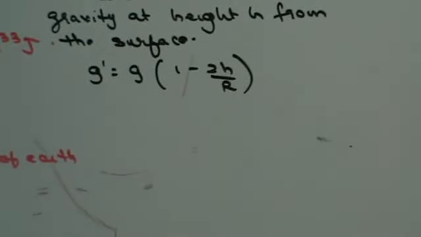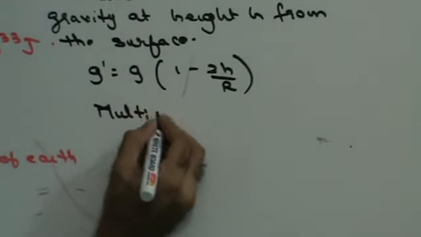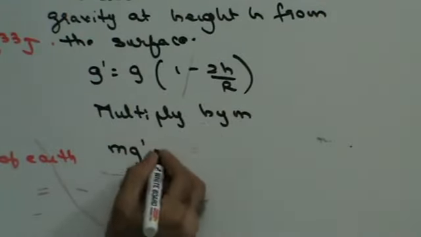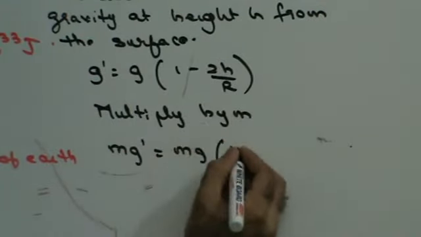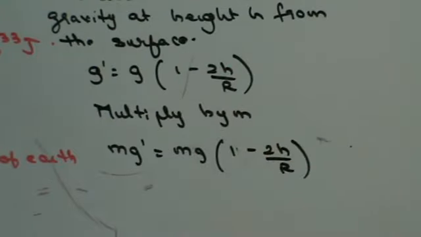Right? Now, if I multiply both sides by m, so I'll get m g bar is equal to mg into 1 minus 2h by r. Right? Do we get this?